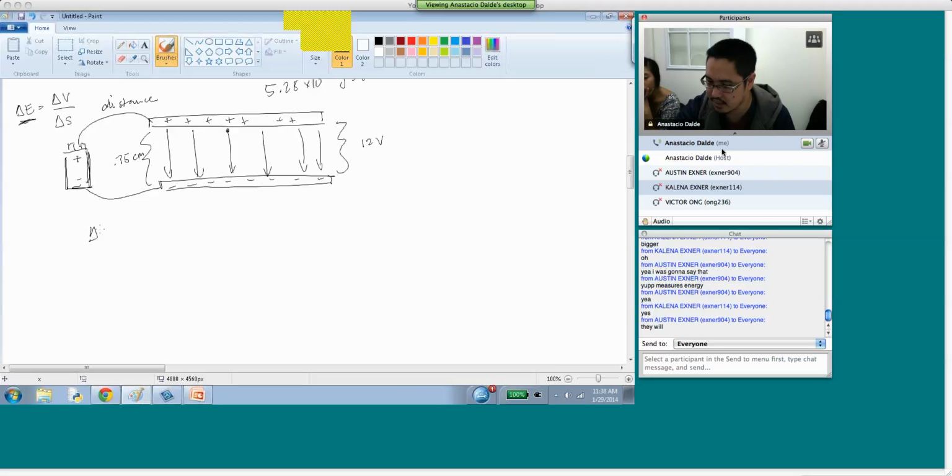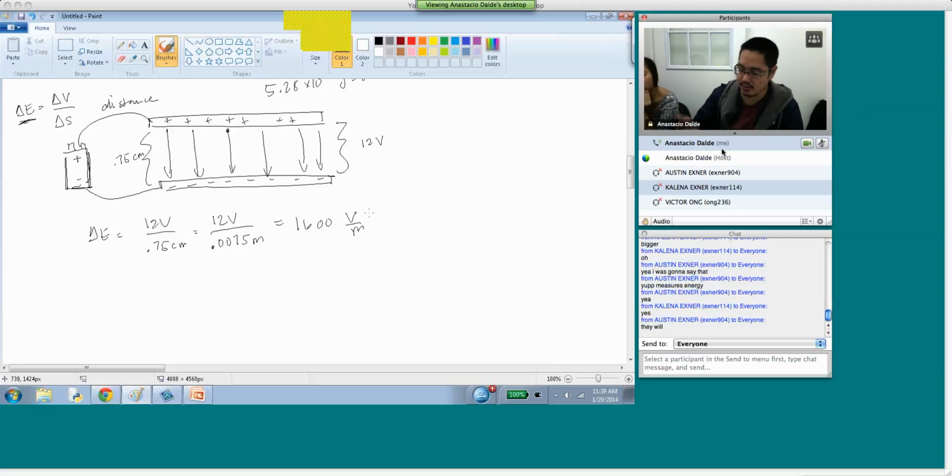The electric field is the voltage, which is 12 volts, divided by 0.75 centimeters. Well, let's see. Instead of centimeters, I need to make that meters. So that would be 0.0075 meters. So that's equal to 1,600 volts per meter.